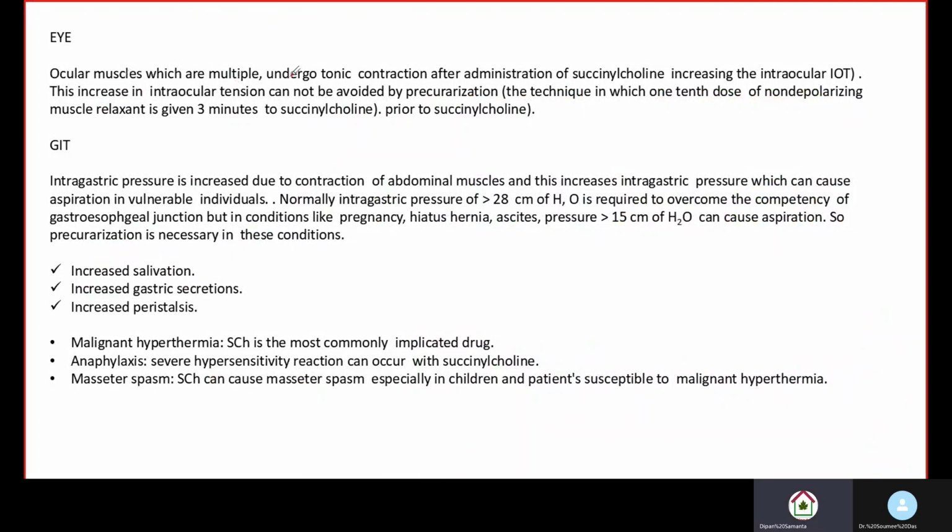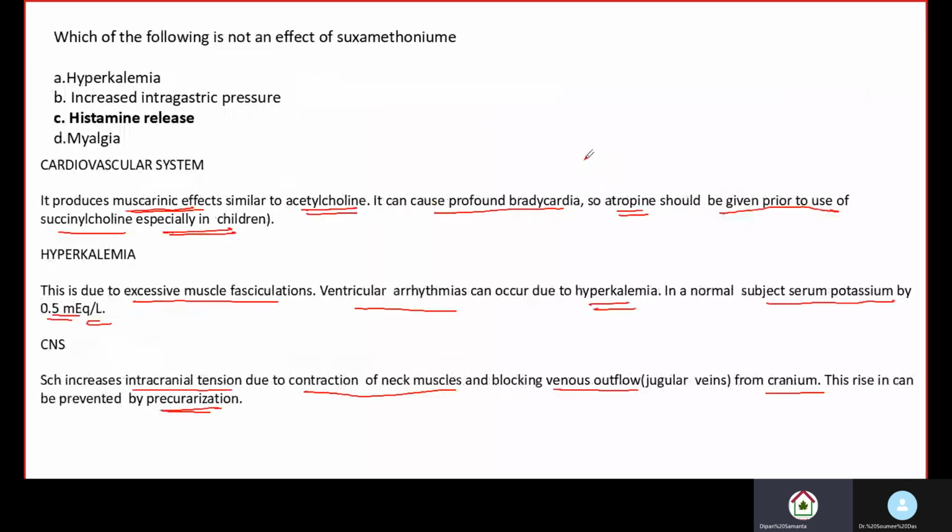Ocular muscles, which are multiple, undergo tonic contraction after administration of succinylcholine, increasing the intraocular tension.